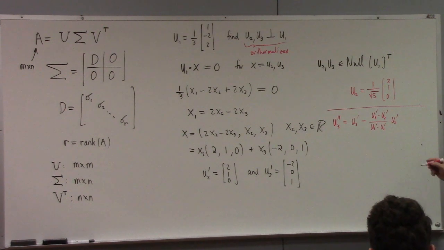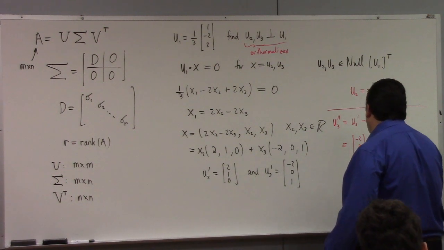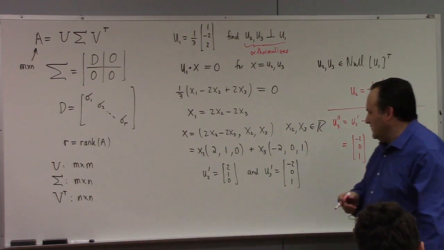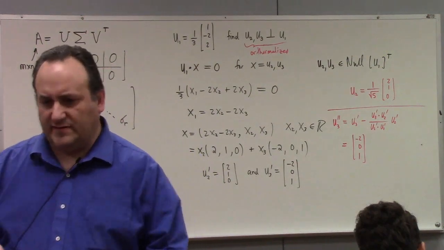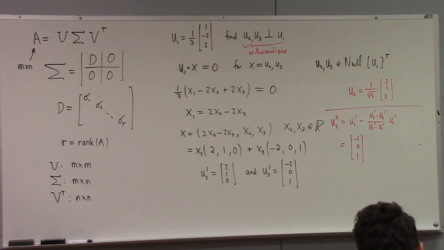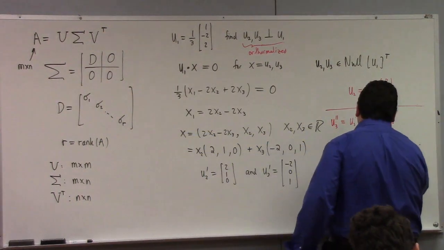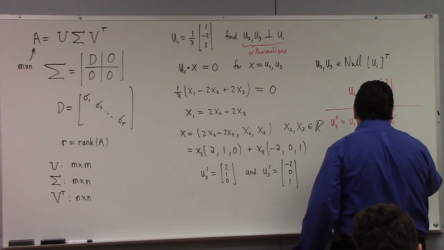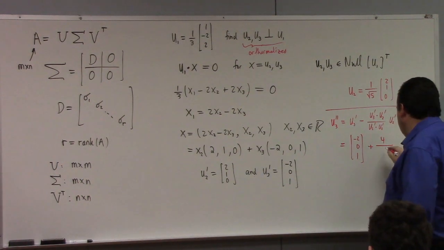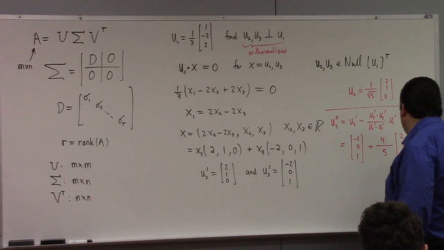All right, so what is that? u3 prime was (minus 2, 0, 1). What's the dot product of u2 prime and u3 prime? Can you guys tell me? What's that? Minus 4? Cool. So we have minus minus 4, so I guess that makes it plus. And then what's u2 prime dot u2 prime? It is 5. And then u2 prime, of course, is (2, 1, 0).